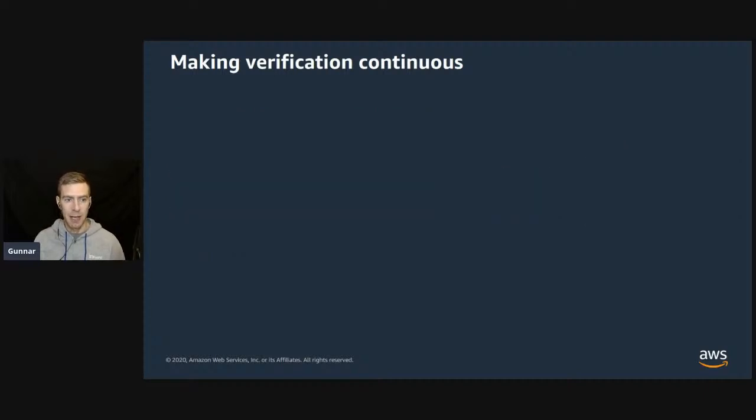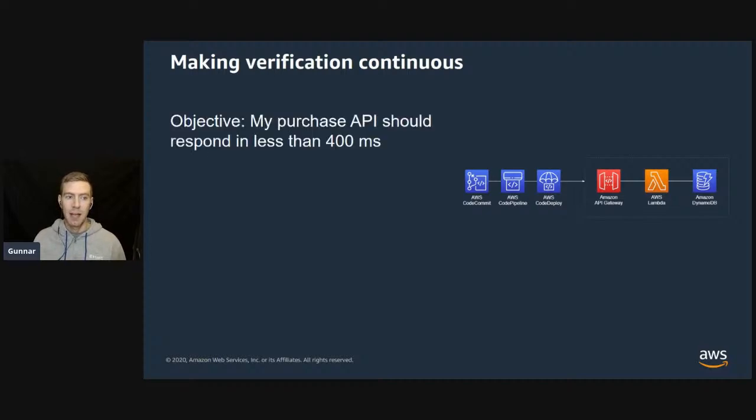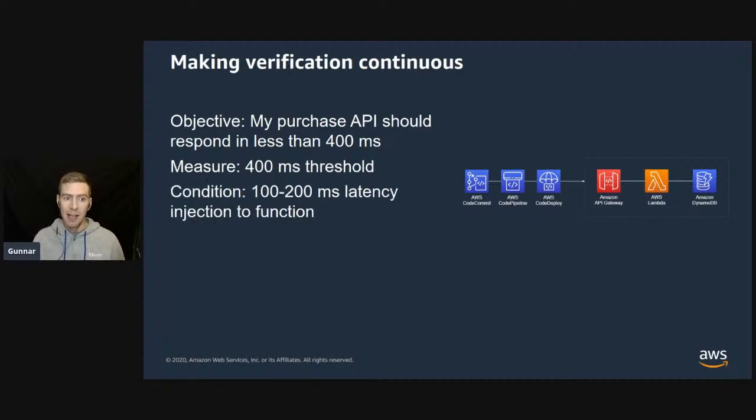Let's look at another example. Same pipeline, same web service. And we're using the same objective, respond in less than 400 milliseconds. We have our measure in place. And now we want to add our condition. But the blast radius of the condition we did before is quite large because we're adding that condition to all users. Now instead, let's add it as a canary deploy.